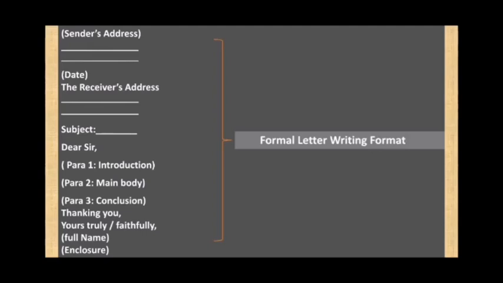Then after that, without leaving a line, you have to write thanking you, put a comma. And then we have yours truly or faithfully. And then you need to write your full name. And if there is an enclosure, then you can add the enclosure, like if any documents or certificates are there, you can add them in there.